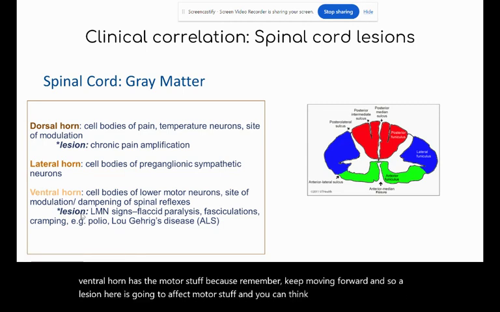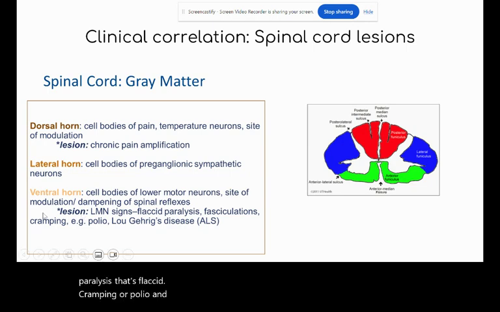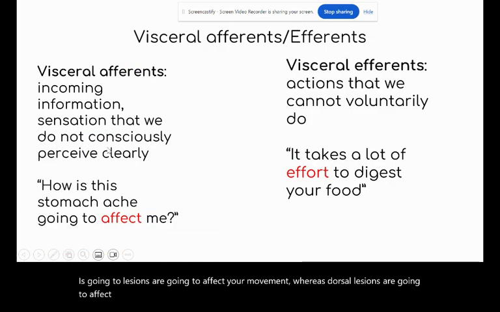And you can think of all the bad disorders that mess with your reflexes or your ability to control yourself, like causing paralysis, floppy paralysis that's flaccid, cramping, or like polio and ALS. So ventral lesions are going to affect your movement, whereas dorsal lesions are going to affect pain.